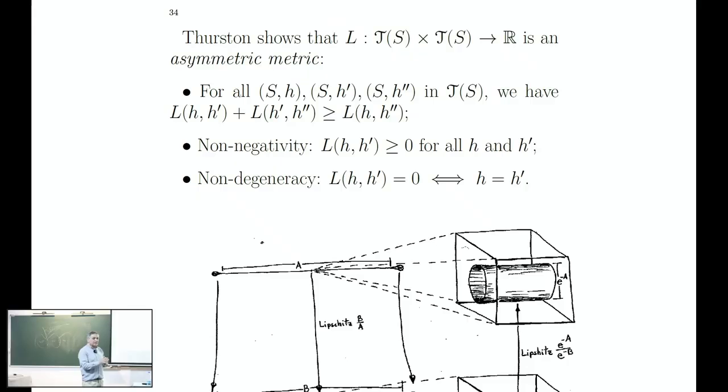Geometers find them natural, like this Thurston metric. For the Thurston metric, the distance from A to B is not necessarily equal to the distance from B to A. Venkatesh also talked about this, I think, the Funk metric. I think he mentioned this Funk metric.